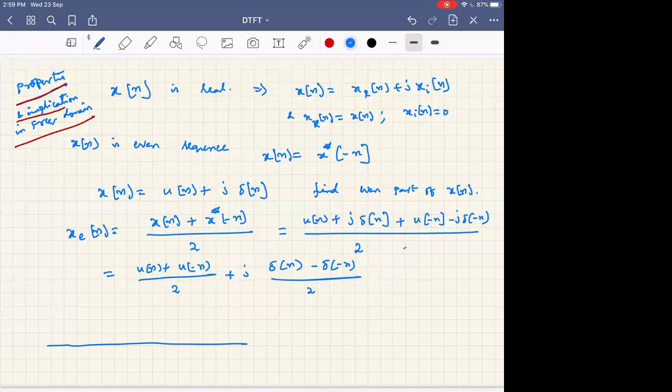Now, if I sketch it, what is the difference between x of n and x even of n? If I want to visually look at it, assume that I would like to have x even of n and x of n. What is the difference between them? Just verbally, what is an even sequence?